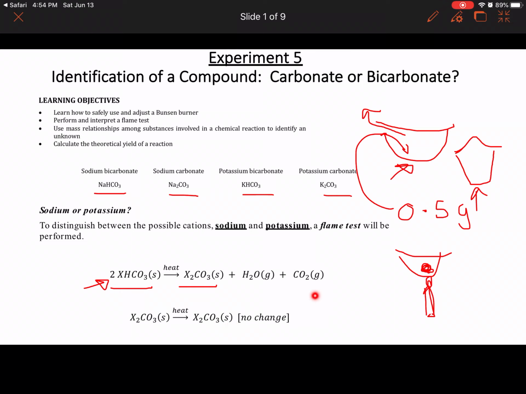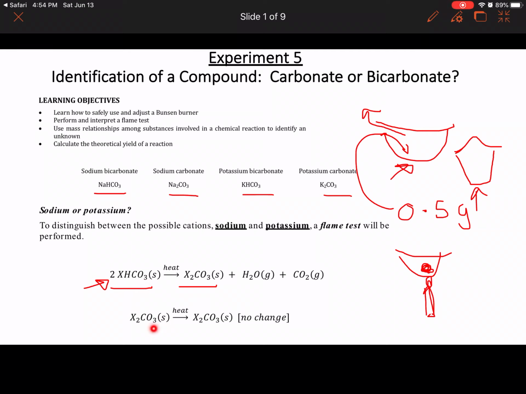Okay, the reason that we are doing the initial heating is by the mass loss, we should be able to identify whether we have a hydrogen carbonate or just a carbonate. You can see if you have a hydrogen carbonate, since you are making water and carbon dioxide, that's a considerable amount that was in your original compound. So the percent mass loss is going to be more than 25% if you had a metal hydrogen carbonate to begin with.